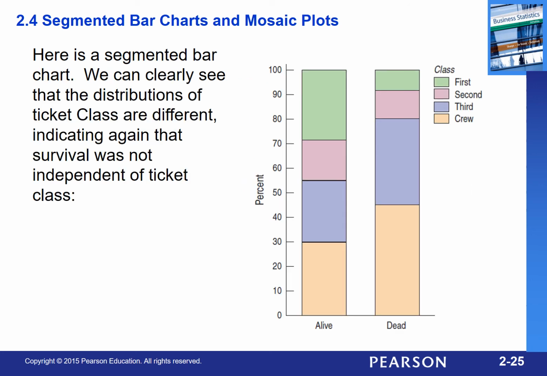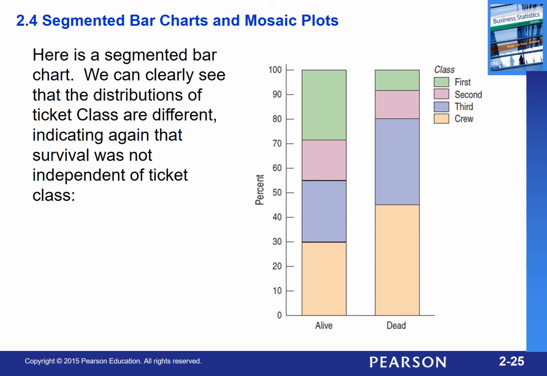So here's a mosaic plot of that same data. Here we have the segments separated by class and the bars created by whether or not the individual lived or died. One of the nice things about mosaic plots is it makes you more easily able to compare certain groups. As you can see, the alive category appears to be pretty spread out, but the dead category is where you see a definite difference.